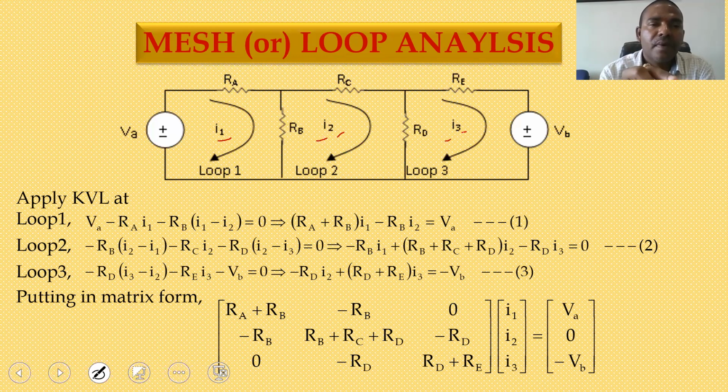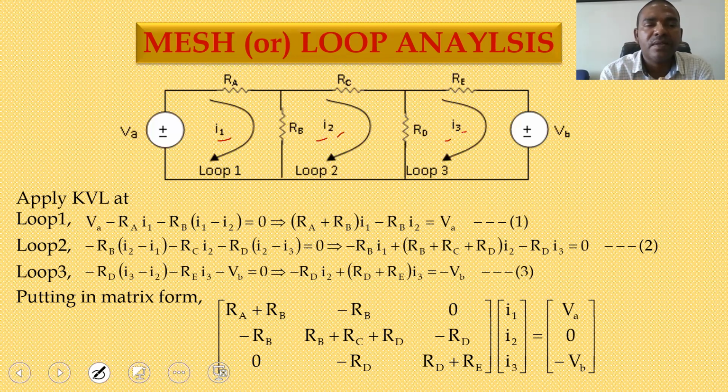VA minus RA into I1 minus RB into (I1 minus I2). RB is a resistance that carries two currents, I1 current and I2 current. But I2 current is opposite with respect to I1, so the net current flowing in RB is I1 minus I2.